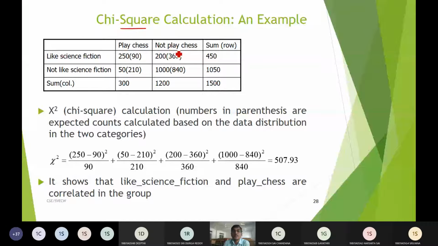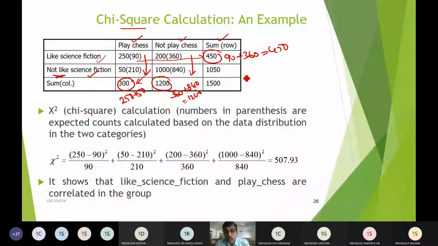Similarly, we will make a horizontal sum here, and this we are going to write here. So here is an example to find the association between the two attributes. So what we can say here was like science fiction.